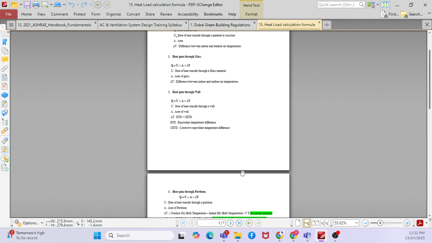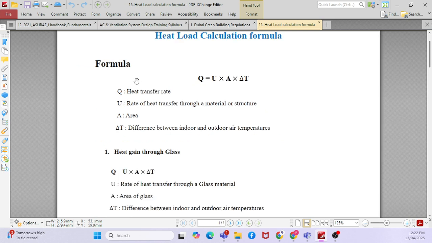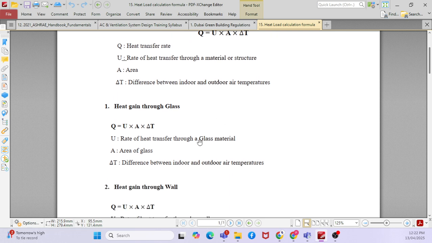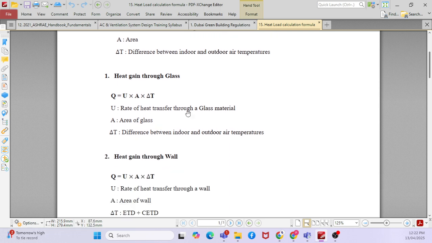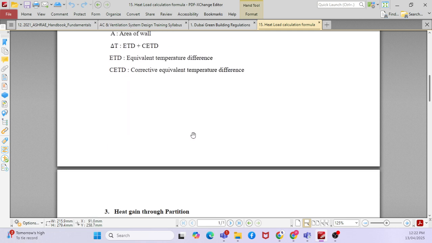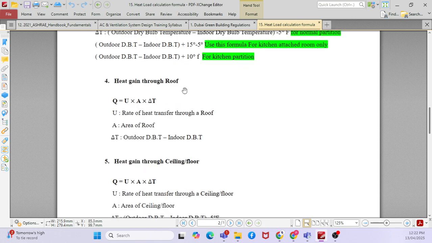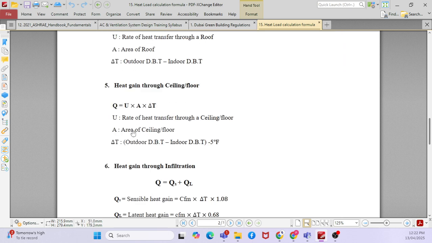If you go through this particular sheet, the heat load calculation formula, there is a formula here. This is Q equal to UA delta T, which we have seen just now. Okay, sir. Heat gain through the glasses, what is the equation? Heat gain through the wall, what is the equation? And heat gain through the partition, what is the equation? Heat gain through the roof, what is the equation? Heat gain through the ceiling and floor, what is the equation?